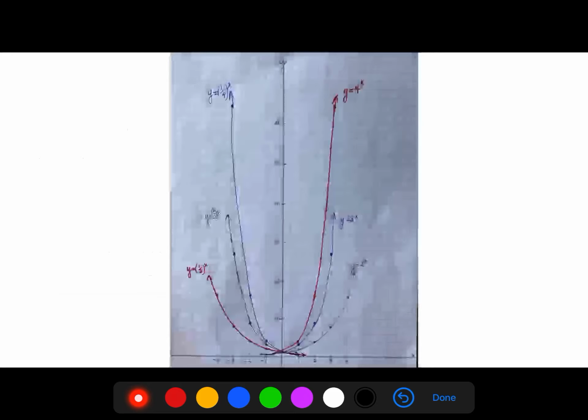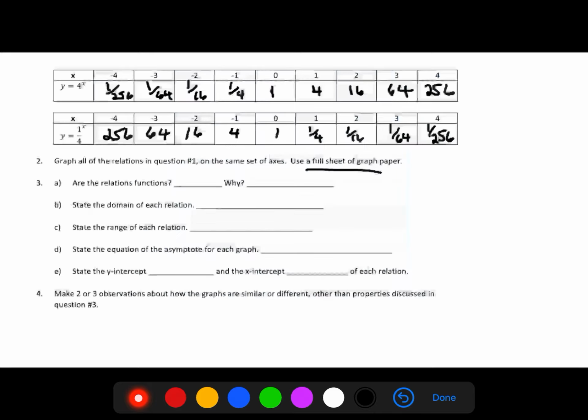We should be able to fit 60, maybe even up to our 81 on our grid, depending how you scale it. But we do want to make sure that we can graph at least 2 or 3 points in the positive values for x. Okay, so if you want to stop the video and make your graphs, and then you can restart the video and take a look at our properties.